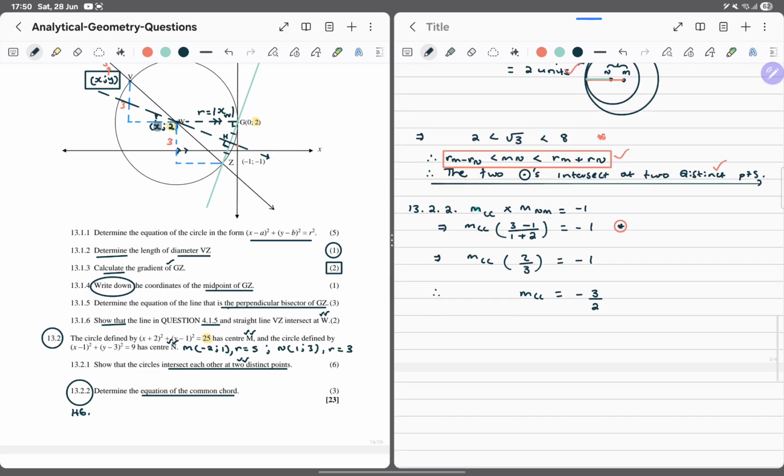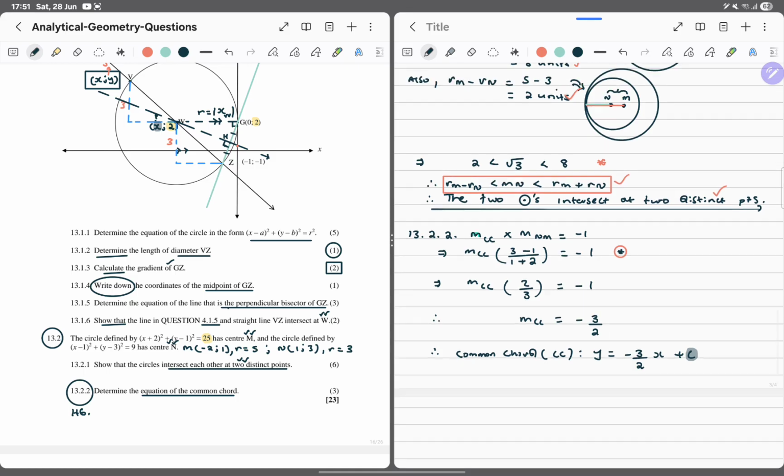So guys, the students would say now, therefore, we understand that the common chord CC, just so that everybody understands, is such that y is equal to minus 3 over 2 x plus c. And then of course, guys, it would be like, how am I going to find this c? Well, it's not so easy, right?